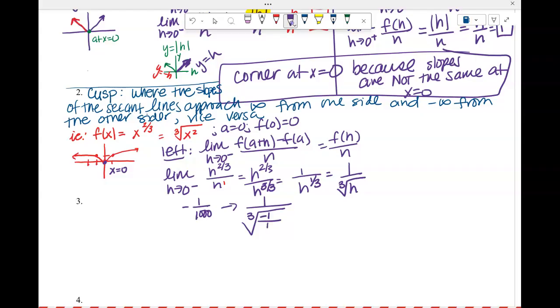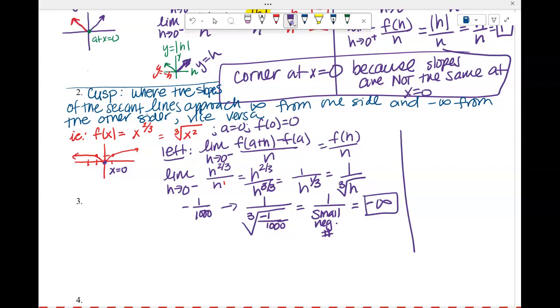So the cube root of negative 1 over 1000 is even smaller on the negative side. So we have 1 over a small negative number. This is going to give me negative infinity. It gets bigger and bigger on the negative side.